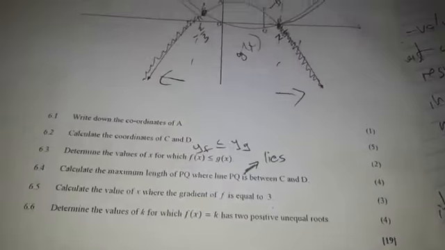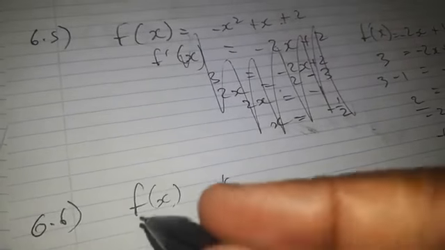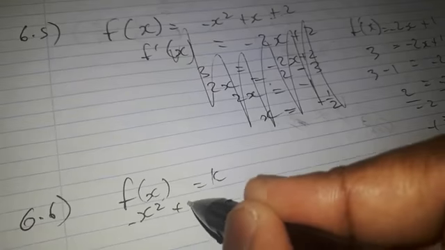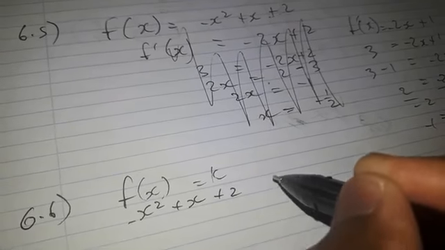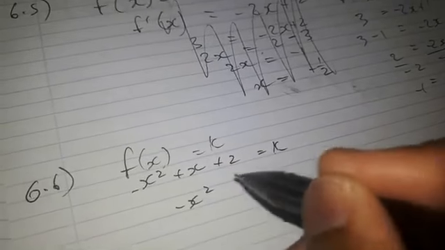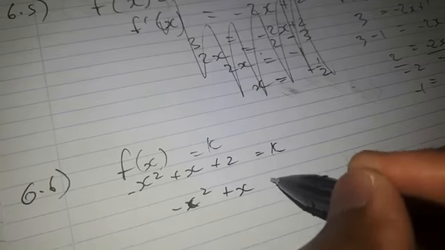So all we need to do is equate f of x to k and simplify. So f of x, we said, is the equation up there: negative x squared plus x plus 2 is equal to k. For questions like these, always try to put your equation in standard form first.